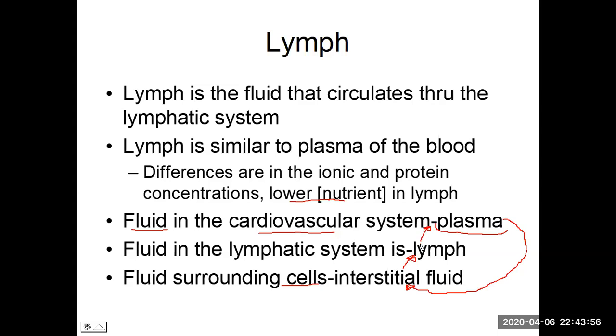And now that fluid is adding back to our plasma volume. So there's really just a transfer of fluid occurring between these three different regions: plasma in the bloodstream, interstitial fluid directly in our tissues, and the lymph of our lymphatic system. And we'll follow the pathway through to see how that works.